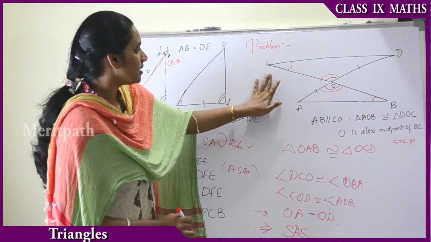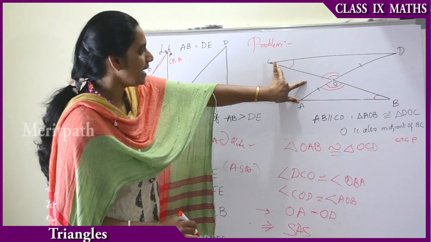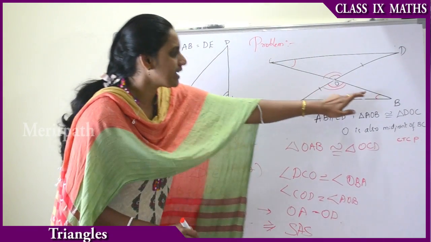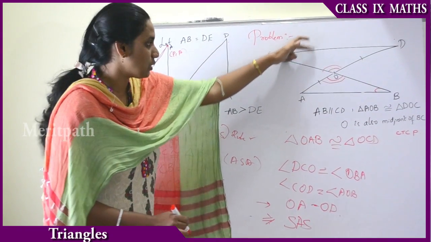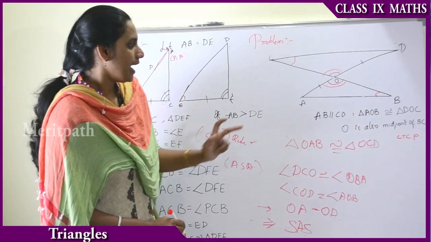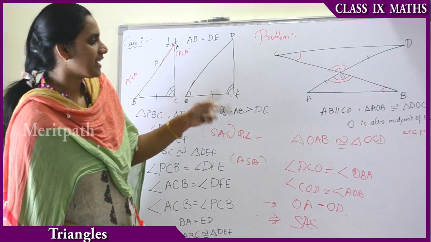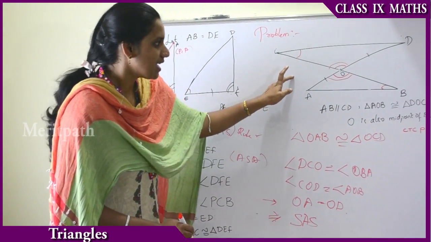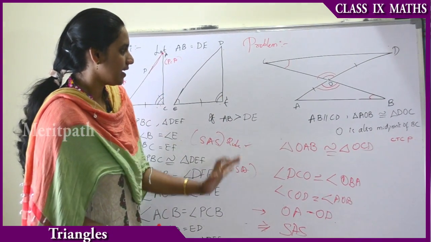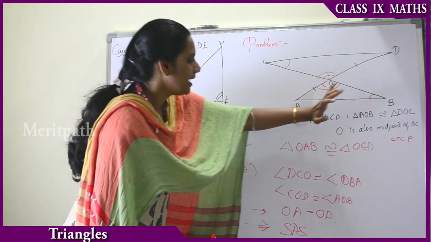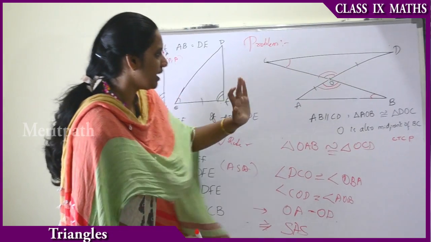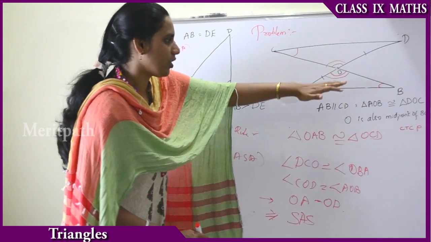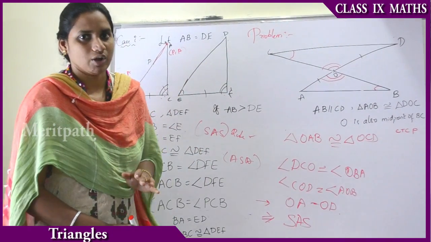Therefore, this side will be equal as the angles are equal between those two sides. And according to corresponding parts of congruent triangles, these two sides will be equal, and OA equals OD, and this triangle is congruent with the triangle below it.